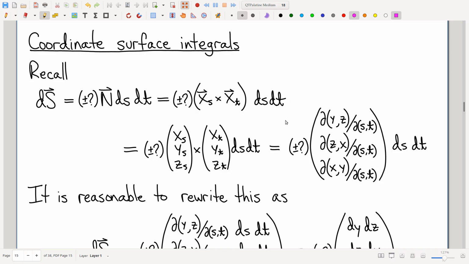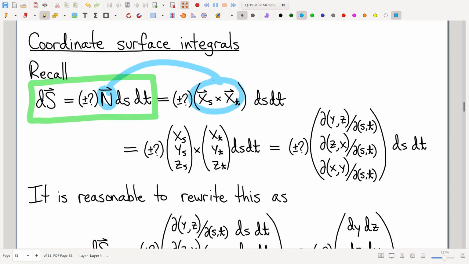So, same story here. It's a little bit different in terms of how it plays out. It's going to play out off this formula where I'm going to expand capital N as that, which I will further expand those partials by coordinates, which I will further rewrite by actually cranking out that cross product.